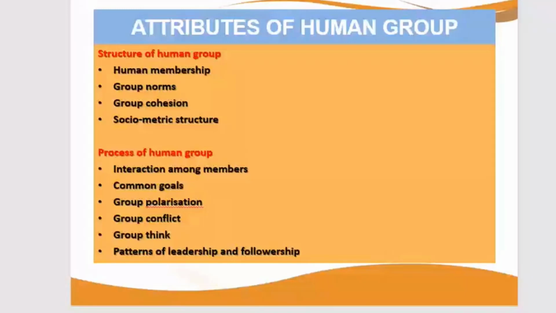We did discuss human membership. You can highlight them: group norms, group cohesion, social structure, followed by the group processes. Group processes, the processes of a human group, are interaction amongst members. That's what makes a group, interaction amongst group members. Without interaction, there won't be a group. Without common goals, there won't be a group.